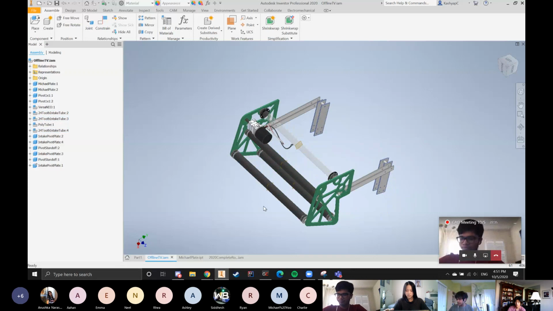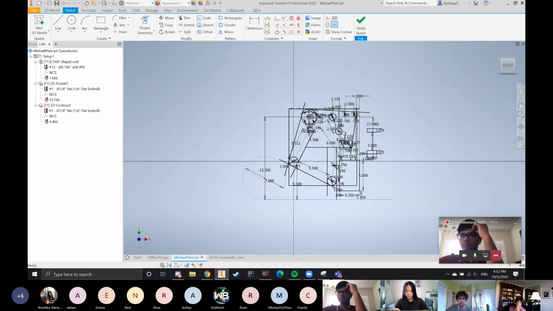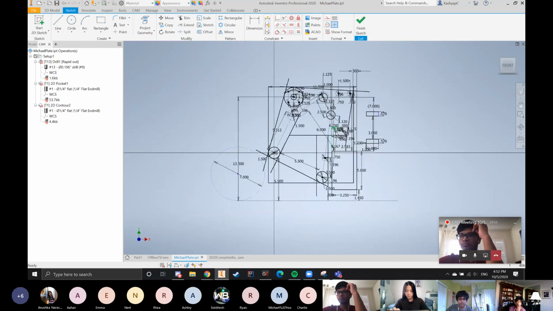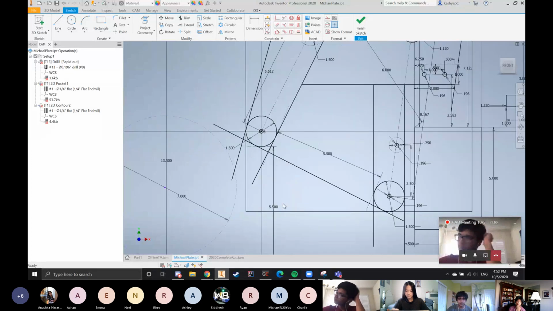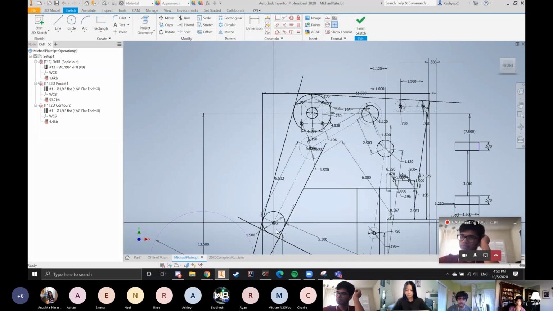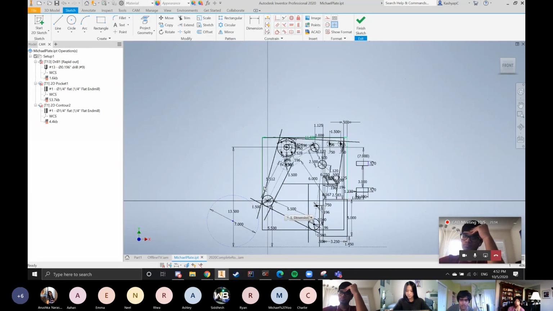Now the thing about a timing pulley is, if you look at this, there are multiple lengths depending on the diameter of the pulley, but there are only very specific lengths that the distance between these two pulleys can be. So if you properly define what you want in terms of the height relative to the points, for example 5.5 up here, and then you define based on the pulleys here, I knew that this pulley had to be a certain number of teeth, so it wouldn't be bigger than whatever tube we were using.